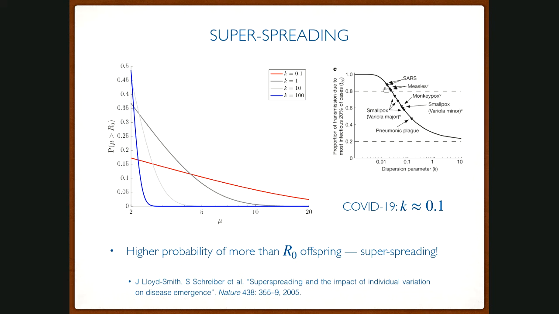SARS as well is on the side where you can have super spreading events. A super spreading event with SARS can occur when, say, someone is in an elevator and coughs, and it's transmitted to everyone in that elevator almost at the same time. That's an example of a super spreading event. And the way to get it down into the maths is to use these offspring distributions.